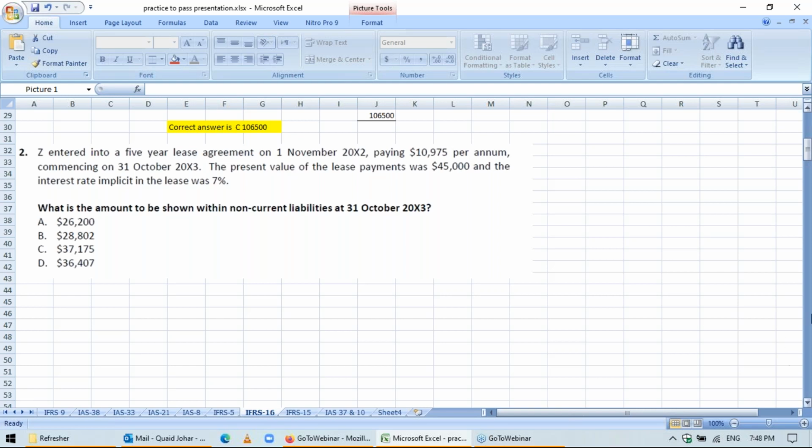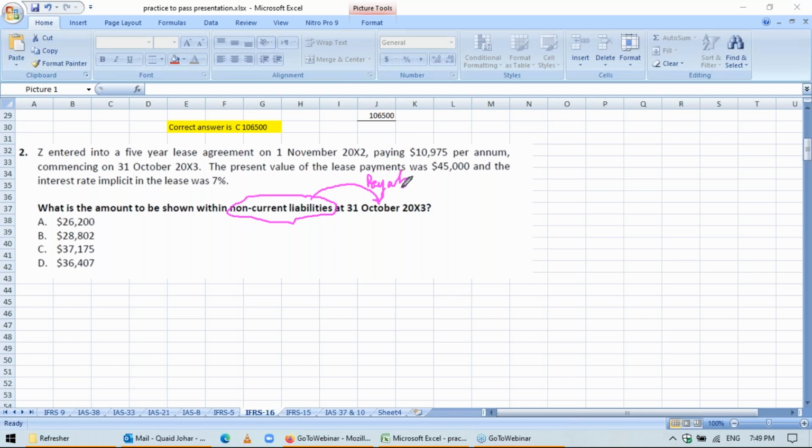Now, what are they asking? They are asking about the non-current liabilities. Non-current liabilities means the amount payable after 12 months of this date. Current liability means payable within 12 months of 31st October 2003.